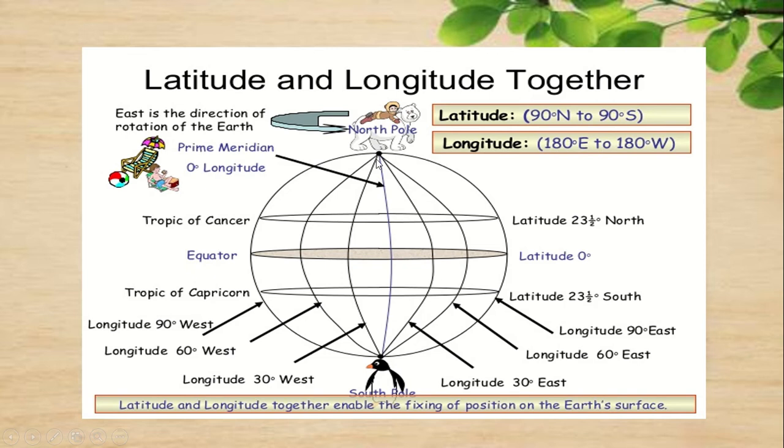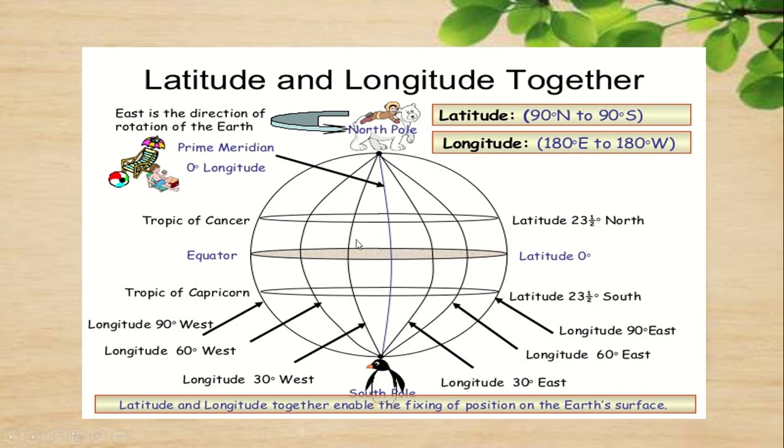And this portion, the prime meridian, which makes the earth surface into two parts, eastern part and western part, its longitude is 0 degree.